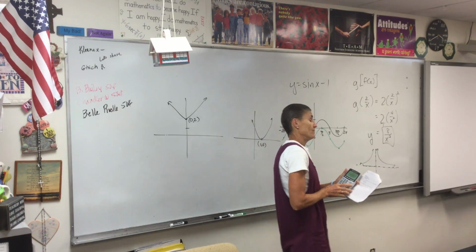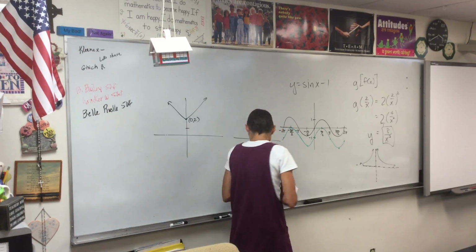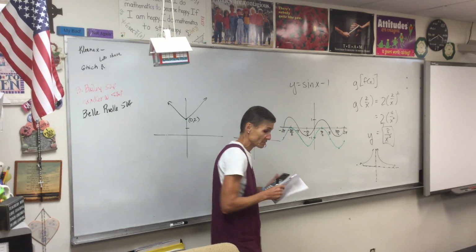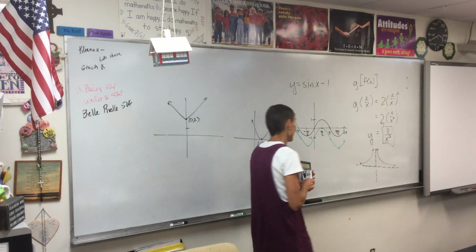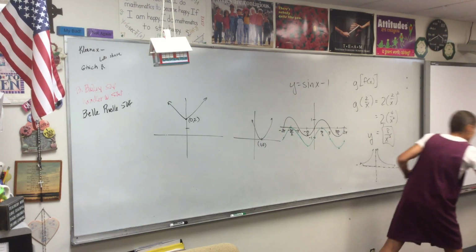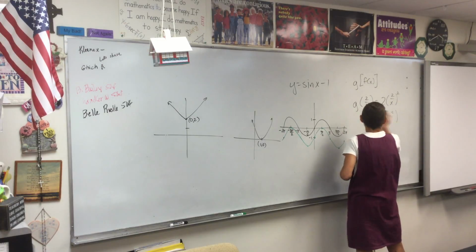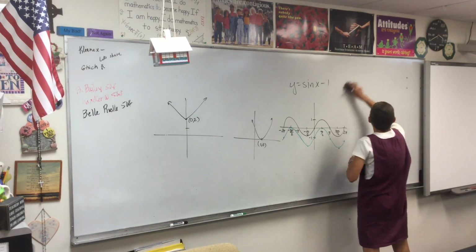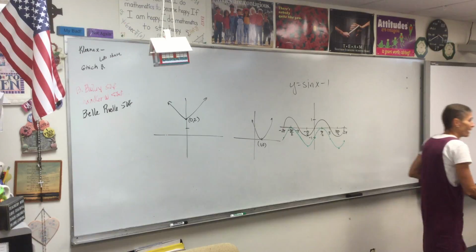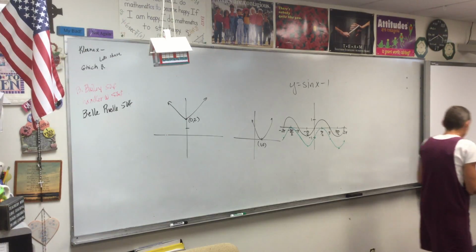Now, this time, when I hit graph, given this question, which is find the relative maximums and minimums, what do I need to see? I need to see tops of hills and bottoms of valleys.